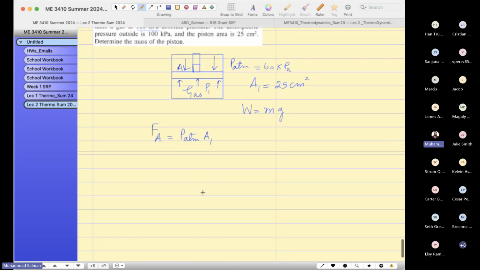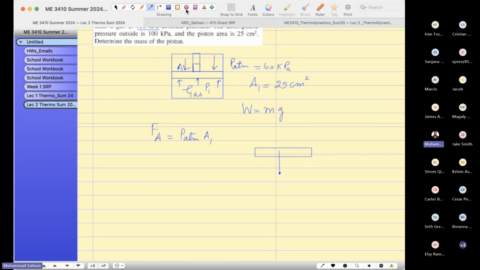If I draw the free body diagram of the piston, it has its own weight, and there is a force exerted by the atmospheric pressure and the force generated by the gas inside. So this is F1, this is FA, this is W. The force balance equation is FA plus W equals F1. W equals mg.